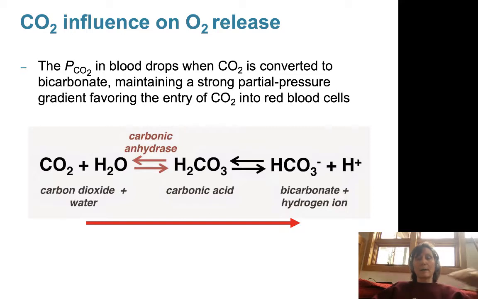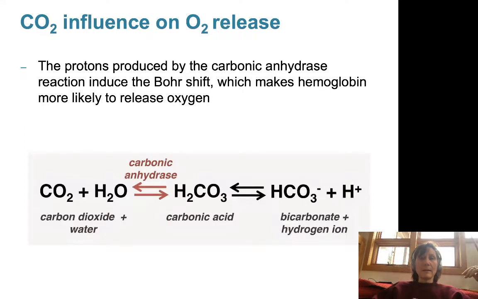So you're going to have more bicarbonate ion being generated. That's great. And as a result, because of those protons, there's going to be a decrease in pH. It's going to kick off a Bohr shift, which is going to make it much more likely for hemoglobin to release oxygen into the system, right, because of this diffusion gradient.